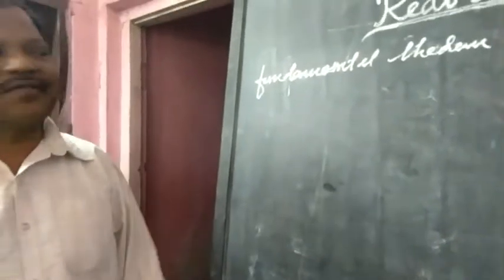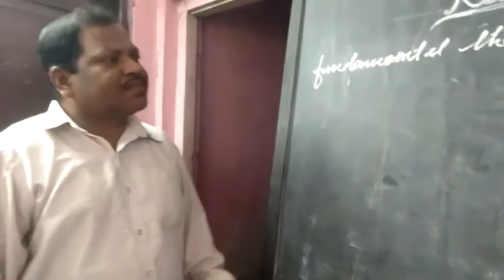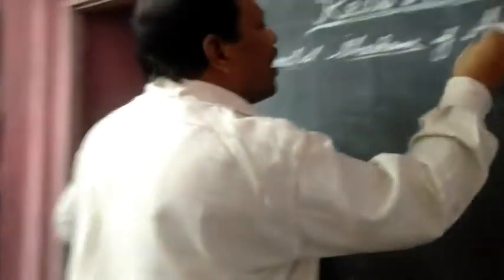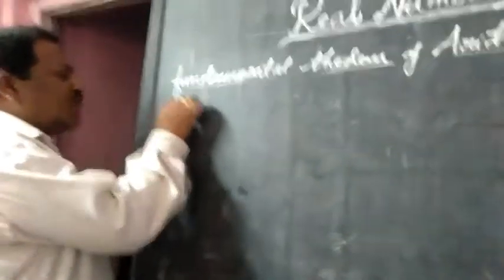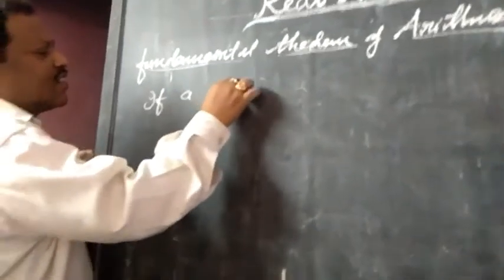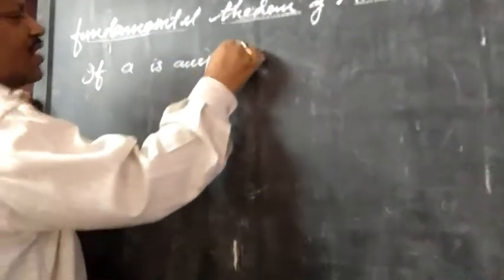Any composite number can be expressed as a product of primes uniquely. That is called the fundamental theorem of arithmetic. Now, suppose A is any composite number.